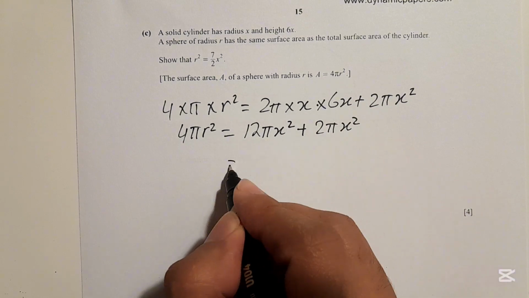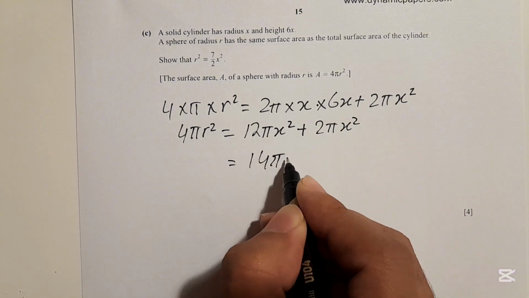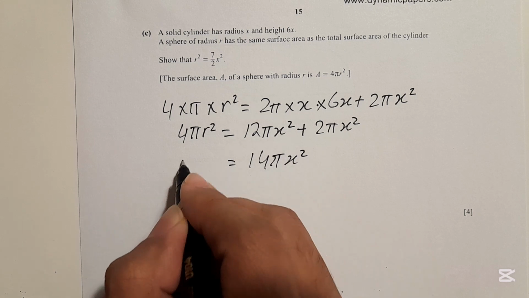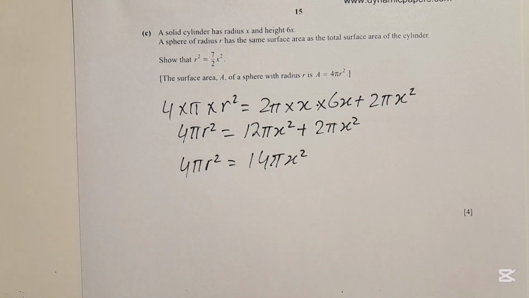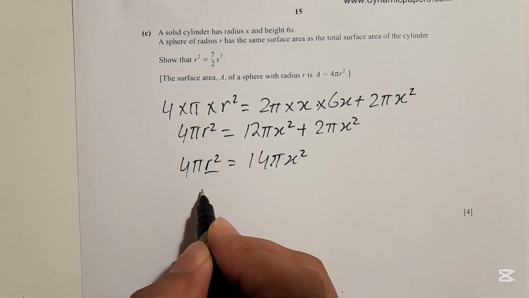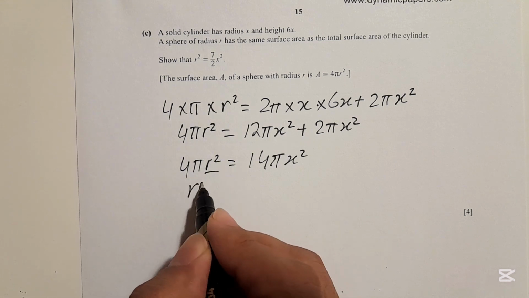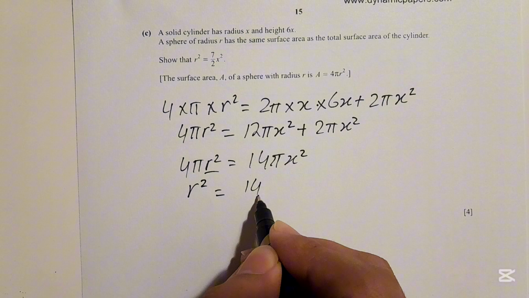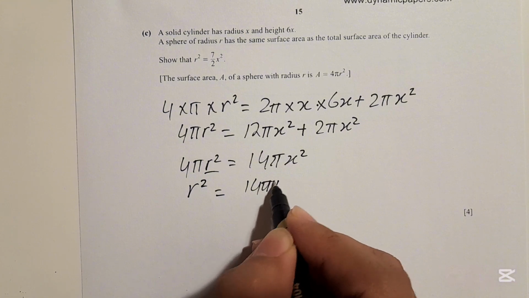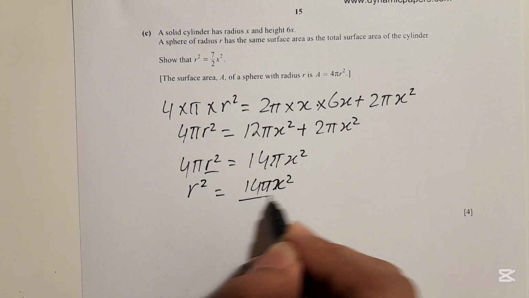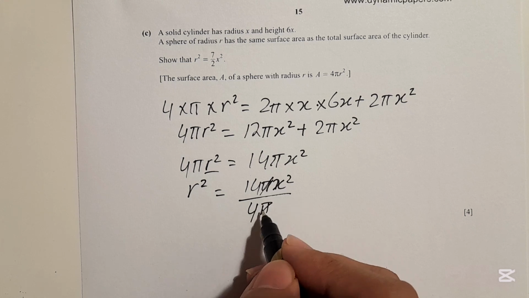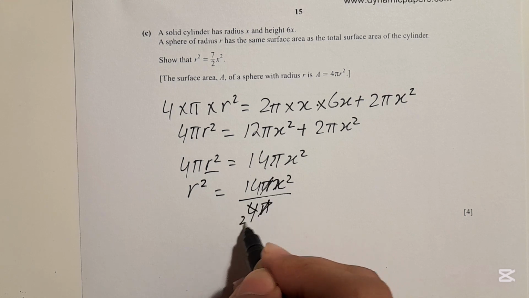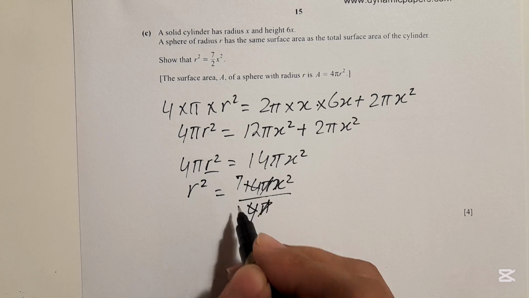So these will add up to 14 pi x squared, and here 4 pi r squared. So we will keep r squared here and we will move 4 pi to the right side: 14 pi x squared divided by 4 pi. So pi and pi cancel out, and 4 and 14 are divided by 2, 14 divided by 2 is 7.